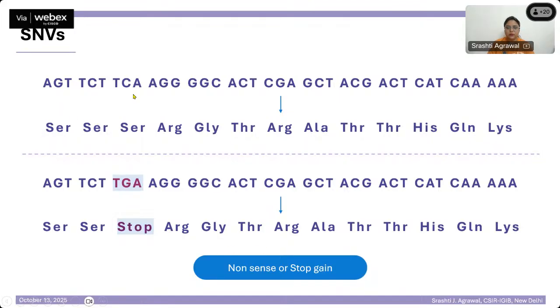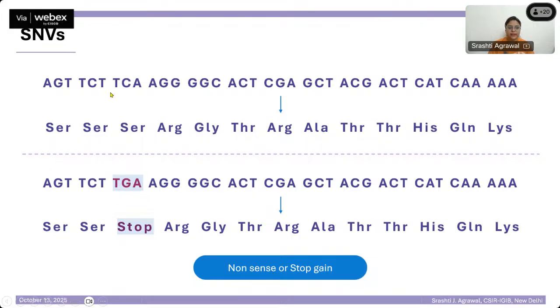Then we have nonsense or stop-gain mutations. Basically, there are three codons which specify stop codons. So they tell the polymerase where to stop translation. When the polymerase encounters one, the translation gets halted there. So basically the protein does not form after that. The peptide doesn't extend after that.